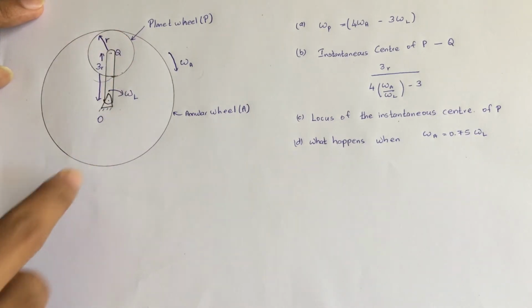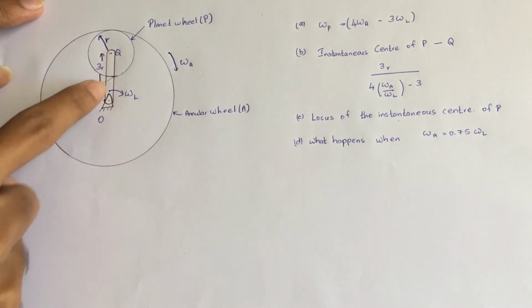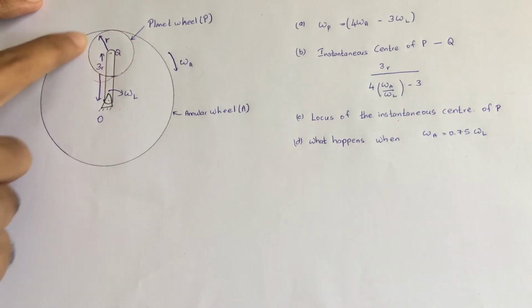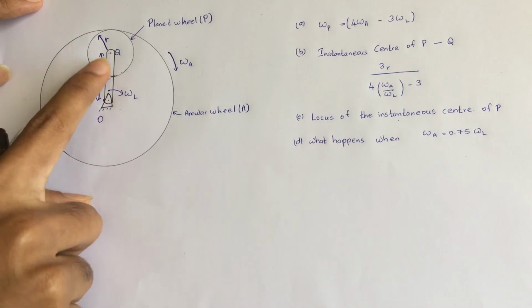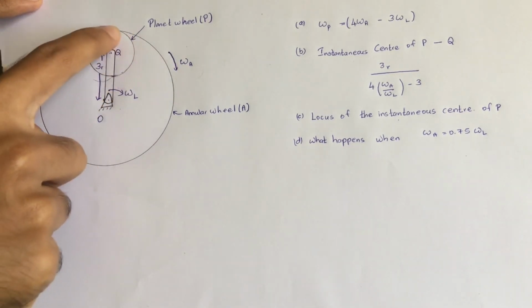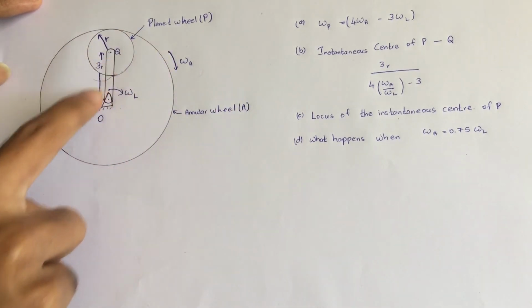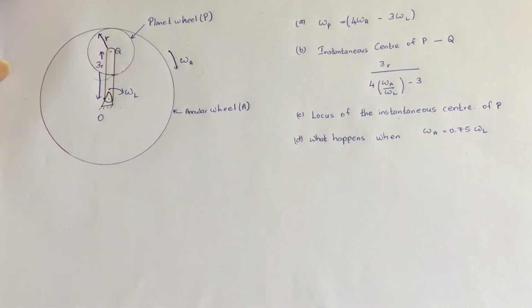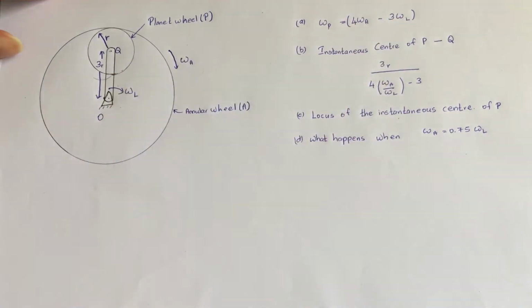By the rotation of this annular wheel as well as this omega L, the connecting rod's angular velocity, the planet wheel is going to have an angular velocity of its own, which simply means if I rotate this on this path, this planet wheel is going to rotate within the annular wheel as well as using this omega L. For that you need to know the equation, otherwise it would be a little bit difficult to find this omega P in terms of omega A as well as omega L.